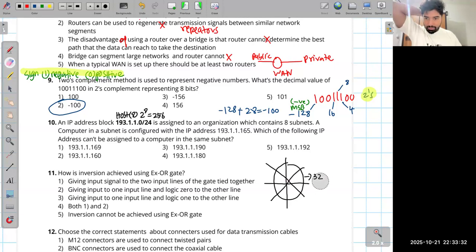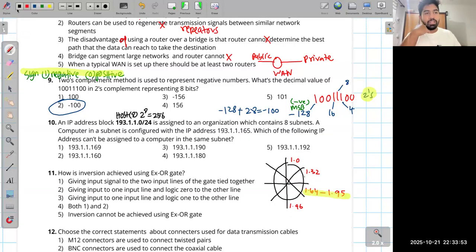Okay, 32. So let's see how the IP addresses go. This will start with 1.0, 1.32, 1.64. Keep adding 32. 1.96. So this range is 1.64 to 1.95.